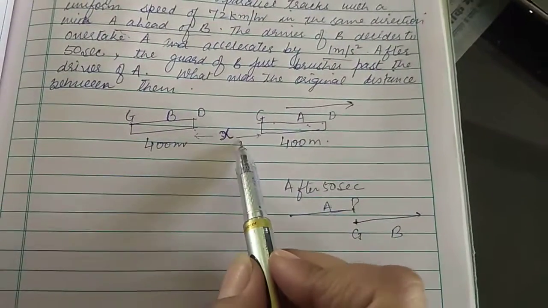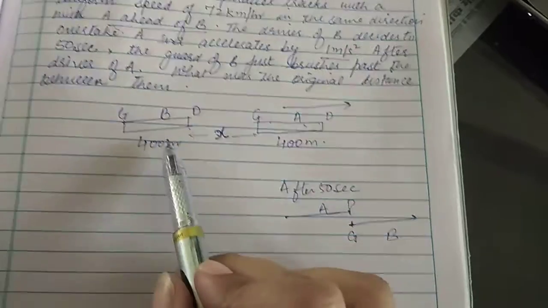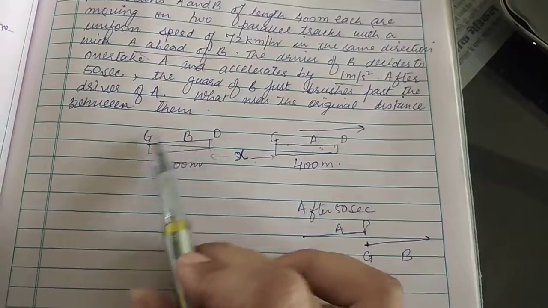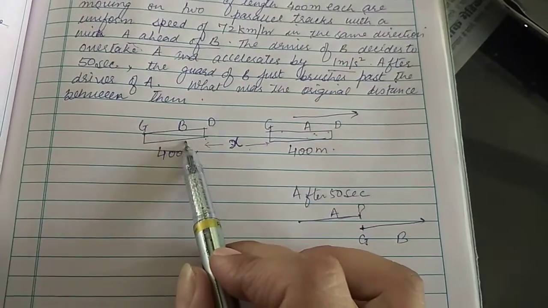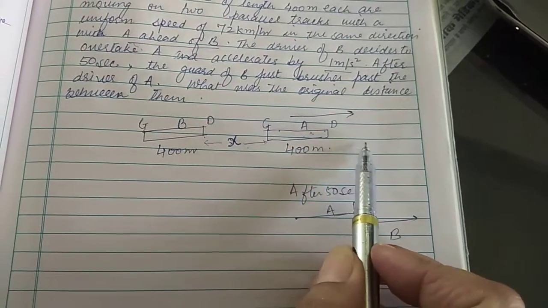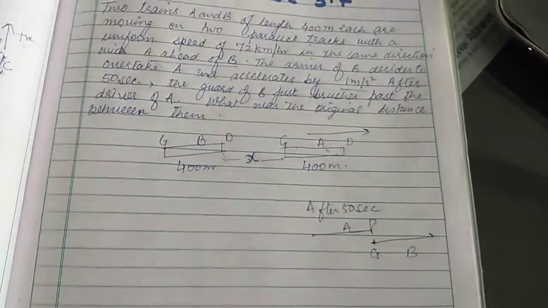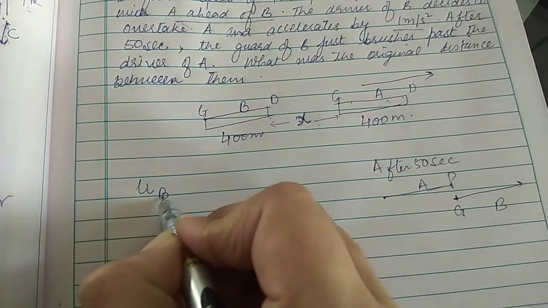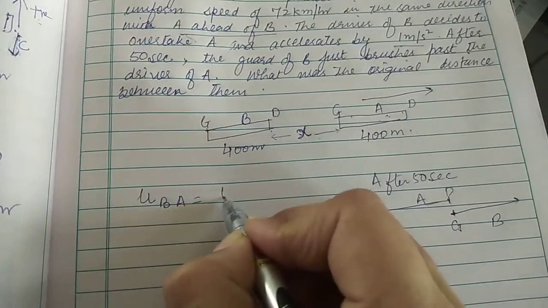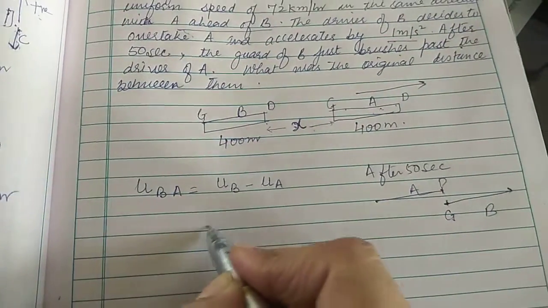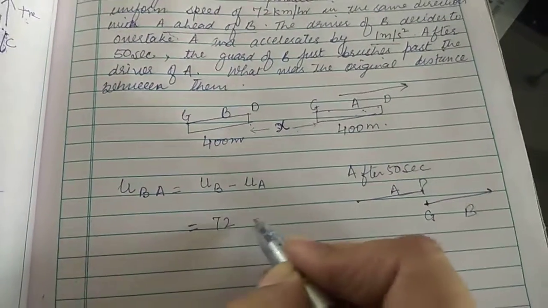So we'll apply the concept of relative velocity here. Now we will concentrate on train B, because B has to accelerate and it will take 50 seconds to overtake train A. So we'll find the relative velocity of B with respect to A. Initial relative velocity of B with respect to A is the initial velocity of B minus the initial velocity of A. That would be 72 km per hour minus 72 km per hour.